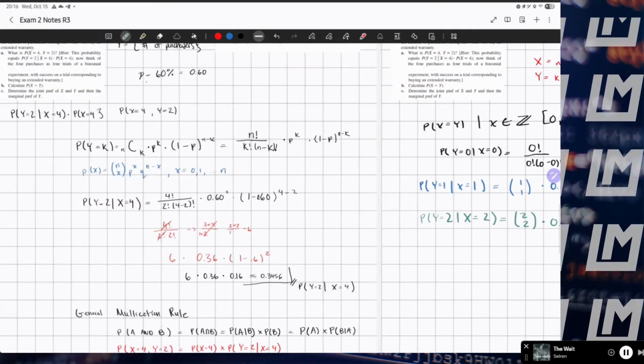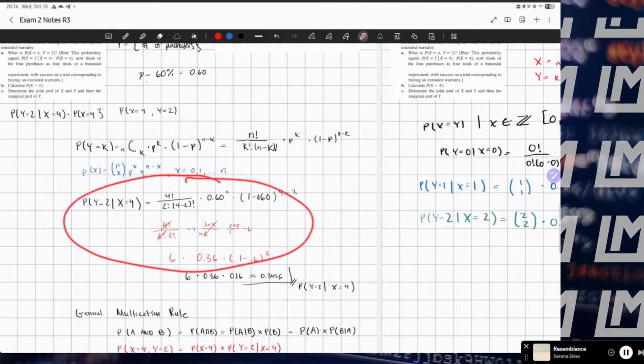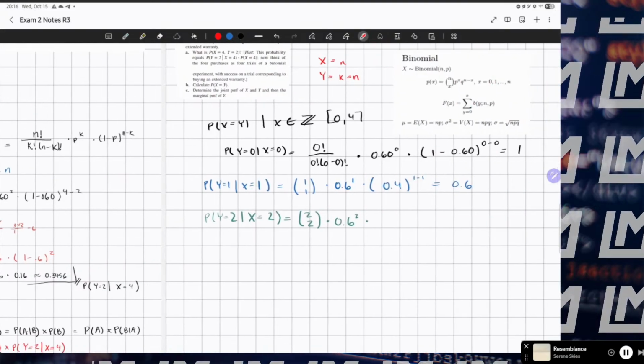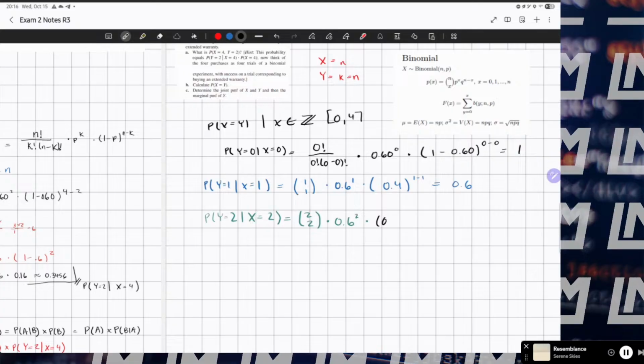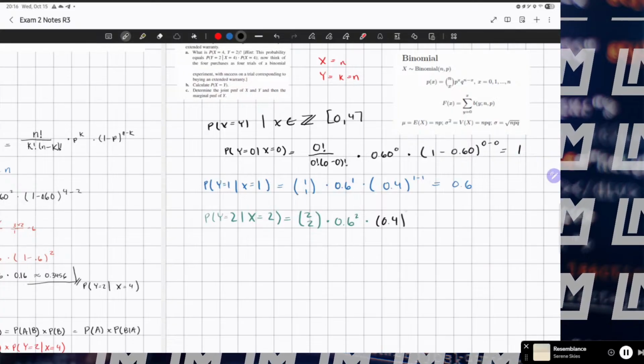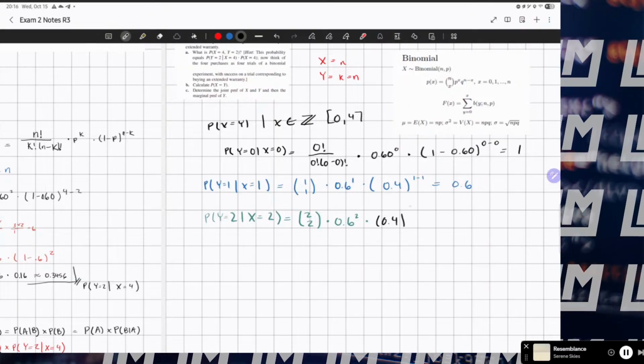So we're just using that same formula that we got from the original problem. And then that's going to be 0.4 to the power of 0, because it's going to cancel out, 2 minus 2, right? But I'll put it down there.